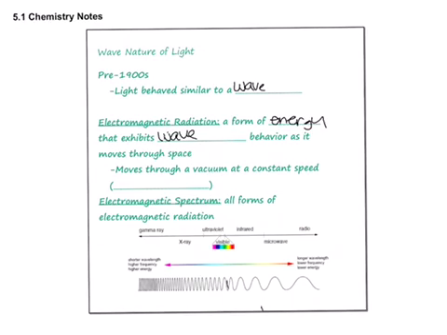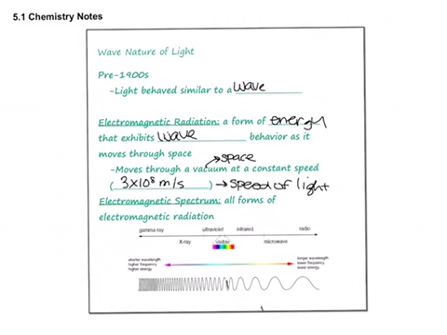It can move through a vacuum. So by vacuum, I mean like space. And it moves at a constant speed of 3 times 10 to the 8th meters per second. So this is really what we call the speed of light. And it would be probably in your best interest if you somehow get that committed to memory.